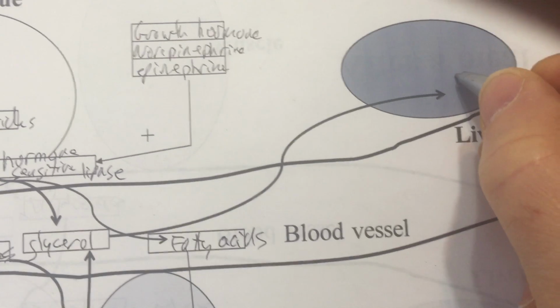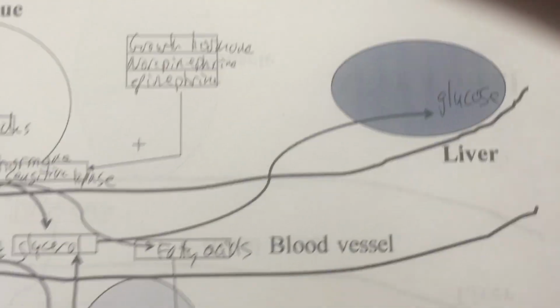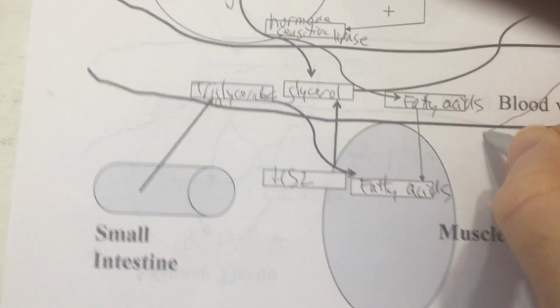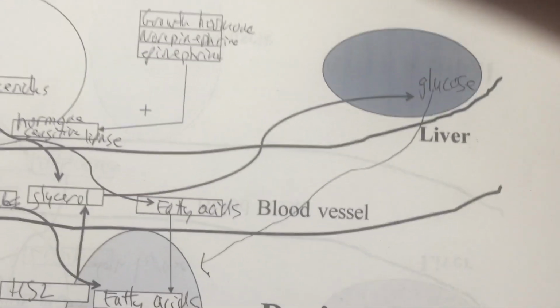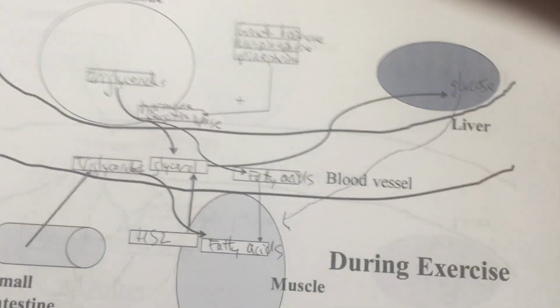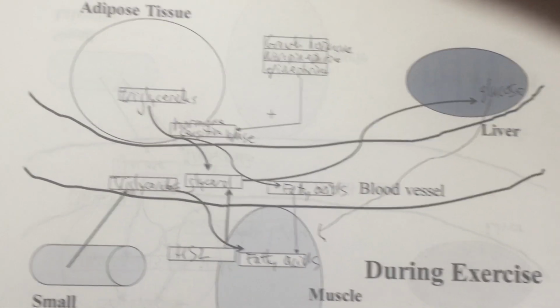And as you know, at the liver, it can be converted into glucose. So I'm going to put glucose here, even though I don't have a box. That glucose can go back to the muscle and be taken up and used as a fuel source. So again, that's gluconeogenesis in the liver. This is kind of the process that occurs during exercise.